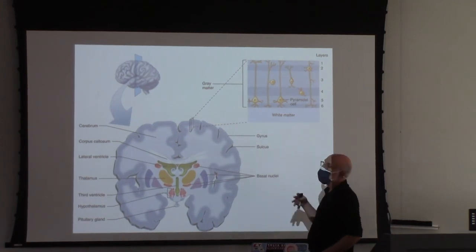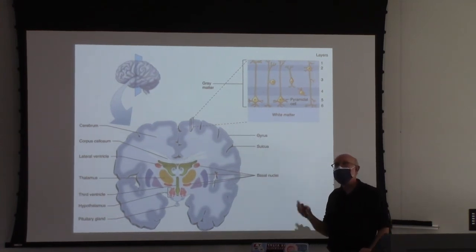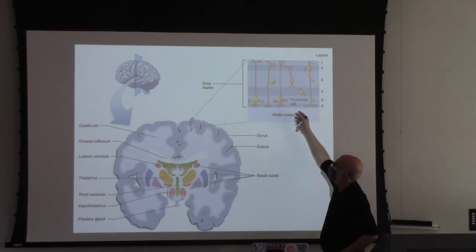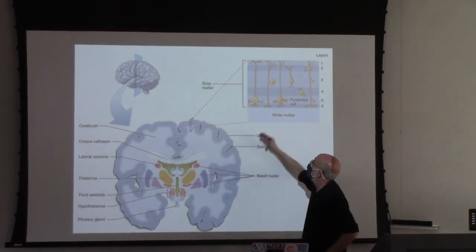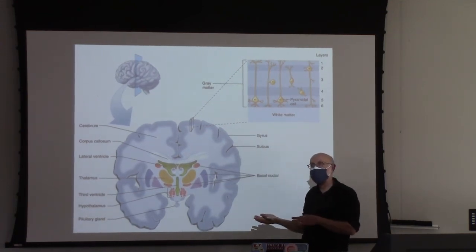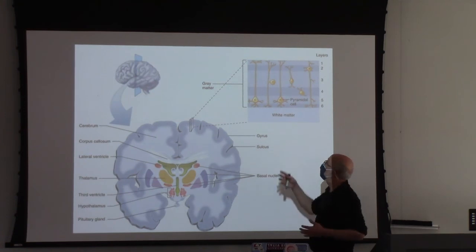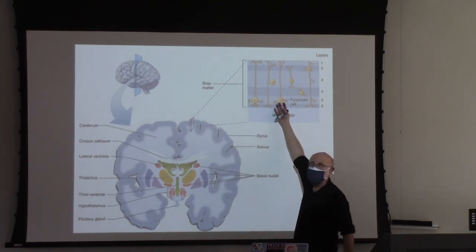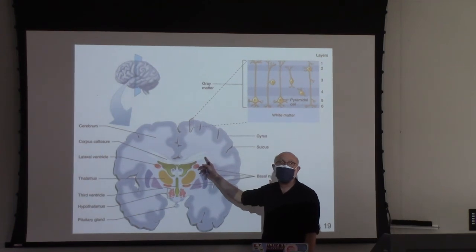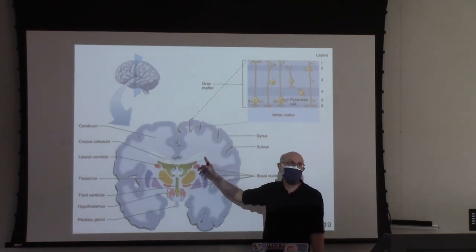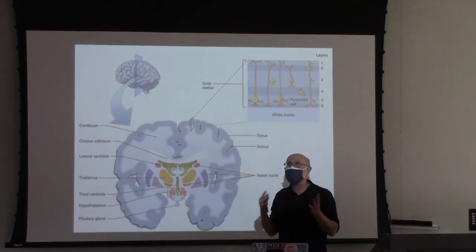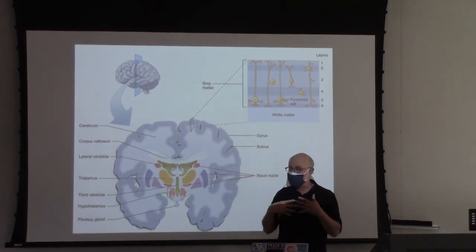The one thing from this slide that I do want you to see, but I will not test you on, is the layered structure of the gray matter. We're going to see gray matter, which is where cell bodies and dendrites are, and white matter, where axons are, myelinated and unmyelinated axons, the connections.